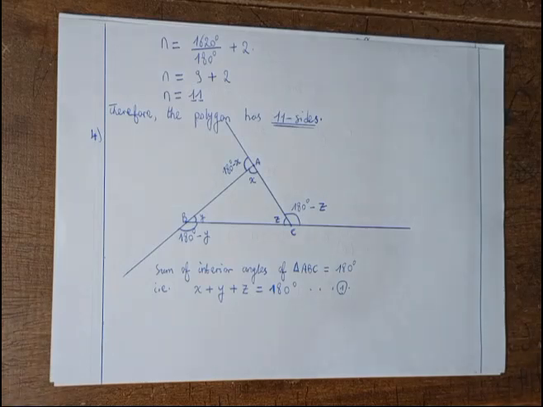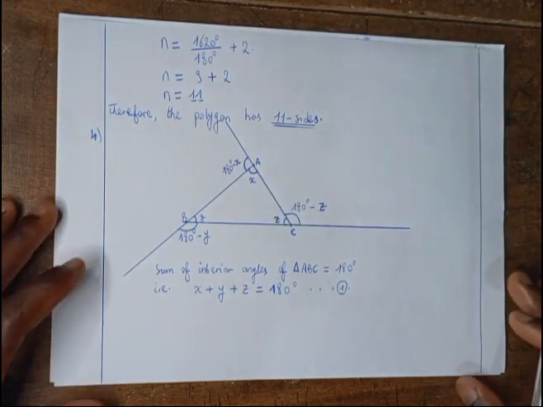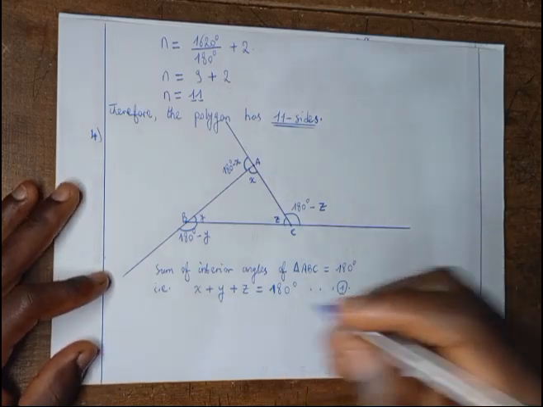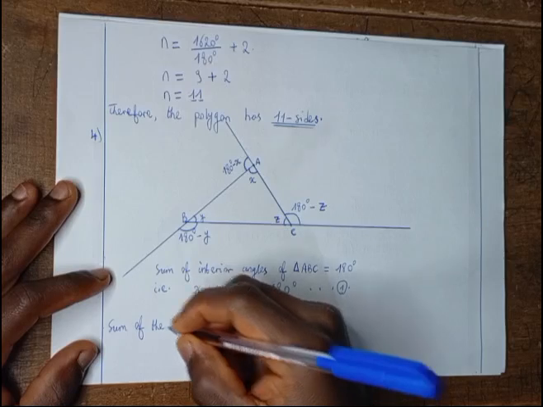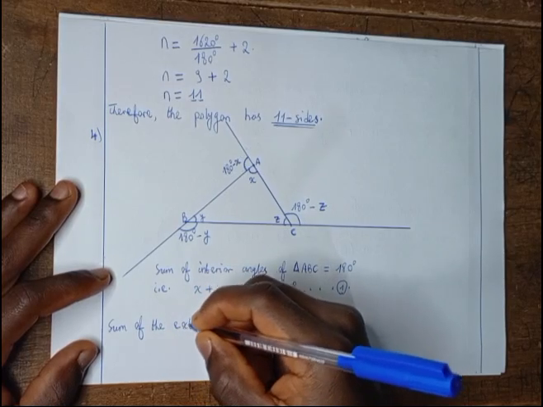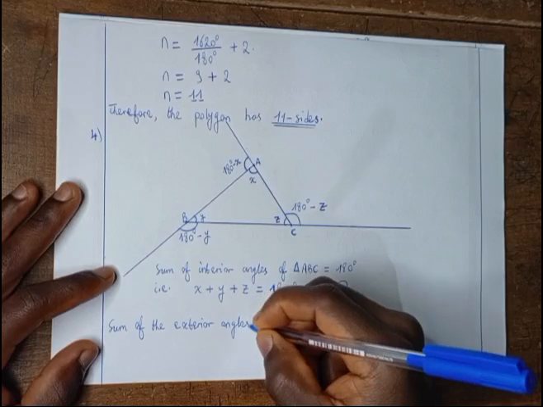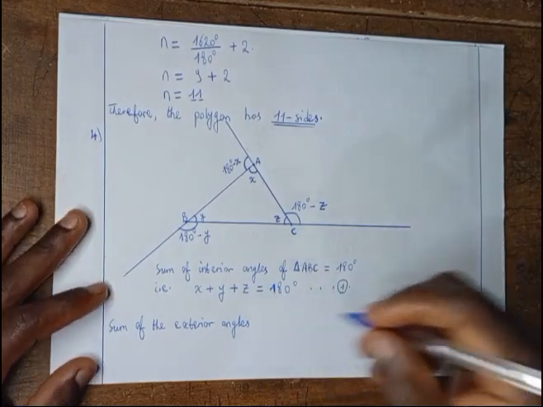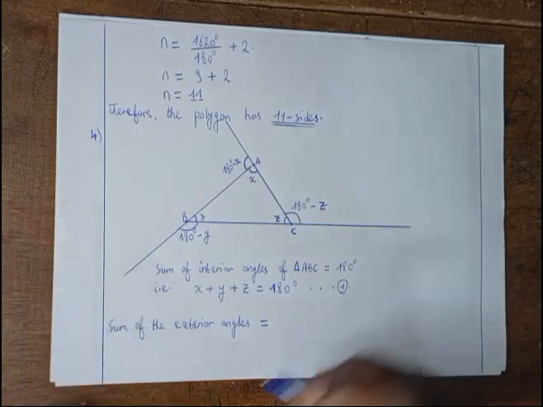Next thing, now we need to find the sum of the exterior angles of this our three-sided polygon. These are the exterior angles, they are out. So the sum of the exterior angles will simply be equal to, we need to add the exterior angles.